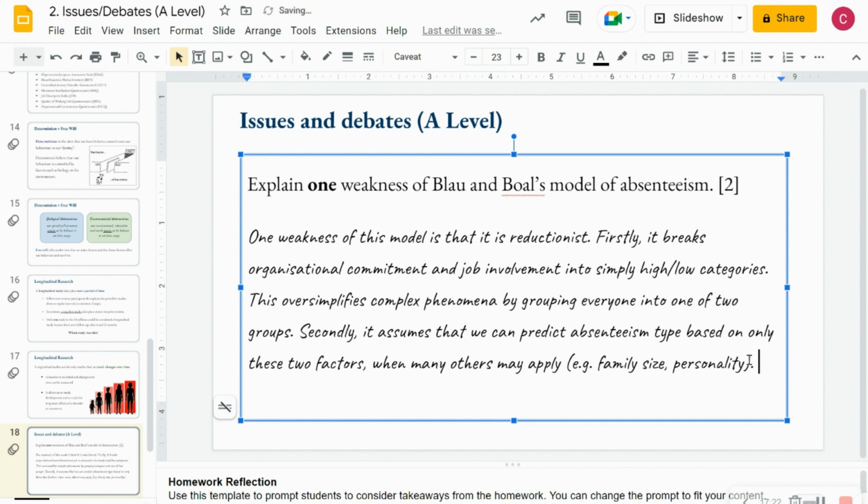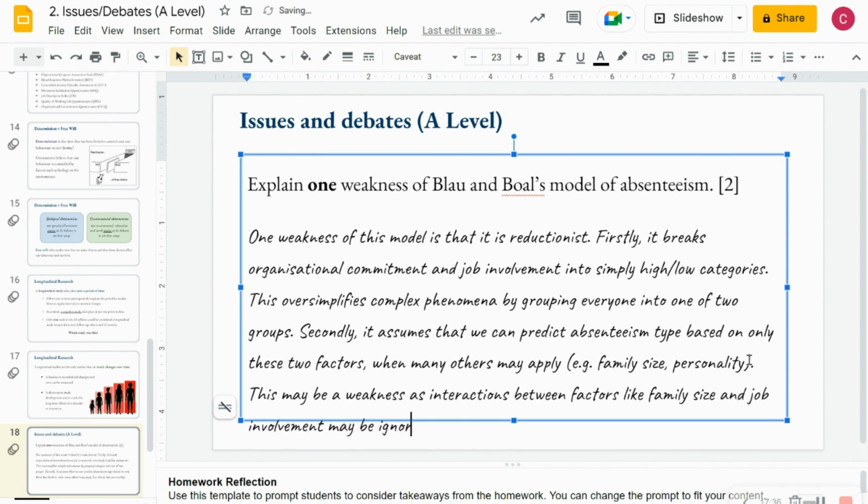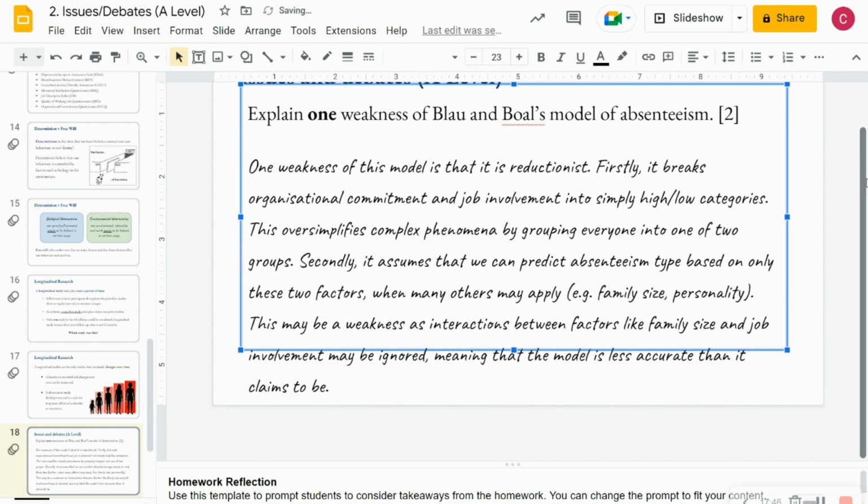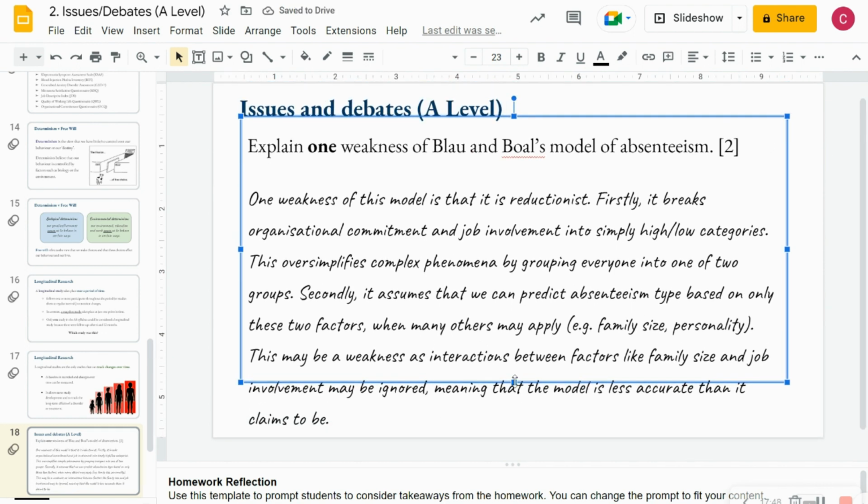Why is this a weakness? This may be a weakness as interactions between factors like family size and job involvement may be ignored, meaning that the model is less accurate than it claims to be. You want to read that in more detail?